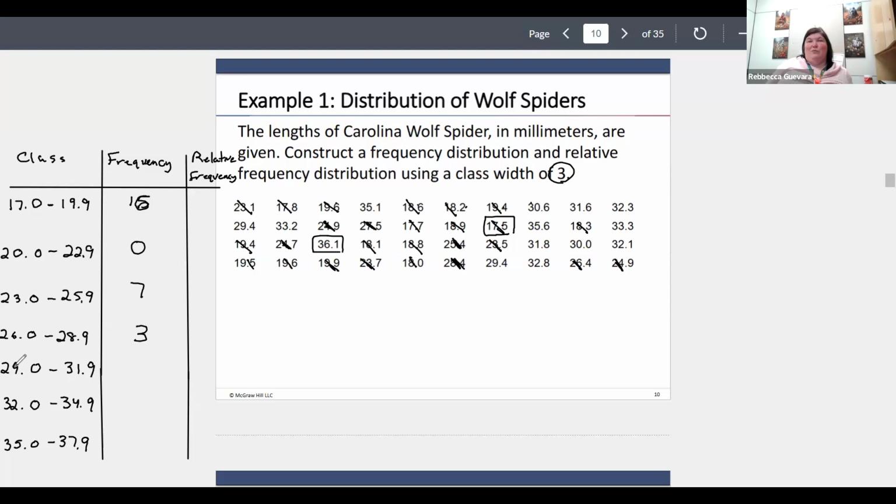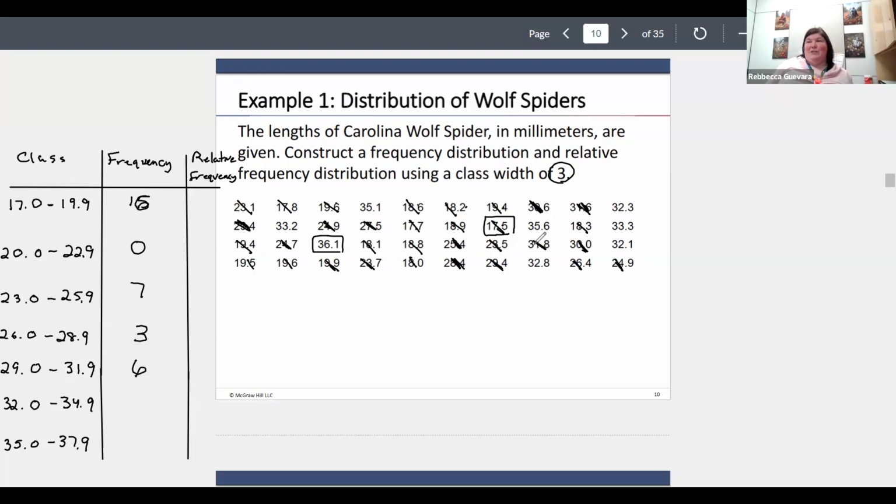Between 29 and 31.9, we got a 1, 2, 3, 4, 5, 6.